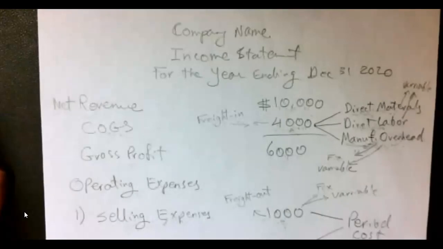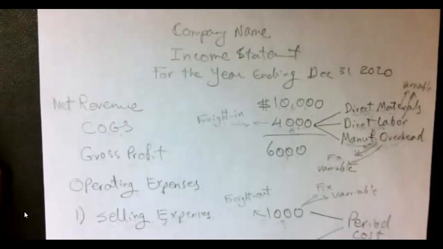So anything related to the overall factory goes into manufacturing overhead. If you combine your direct material that you use in your production, the direct labor, the person who is making the material into the final product, and the manufacturing overhead, combined that will be the cost of goods sold.